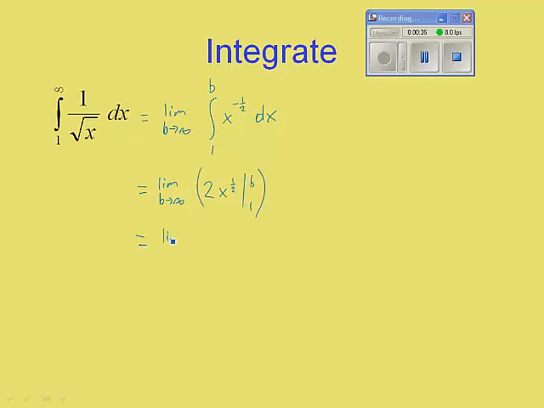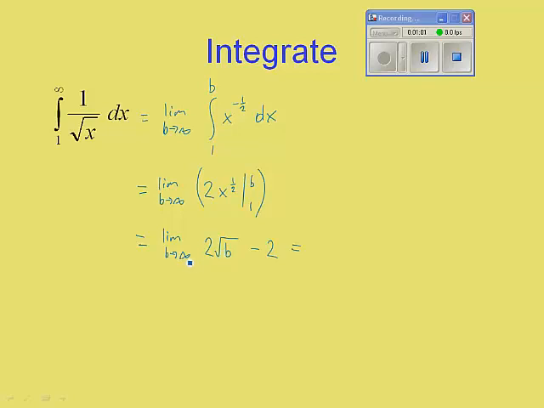So this is the limit as b goes to infinity of 2 times the square root of b minus 2. So what's that? What's the limit as b goes to infinity of 2 times the square root of b?